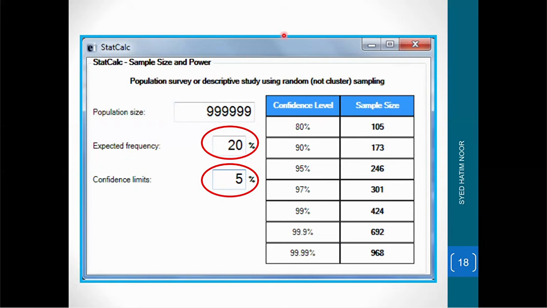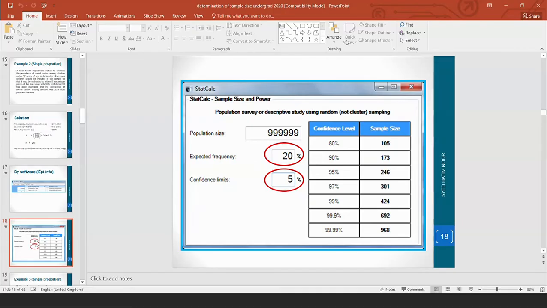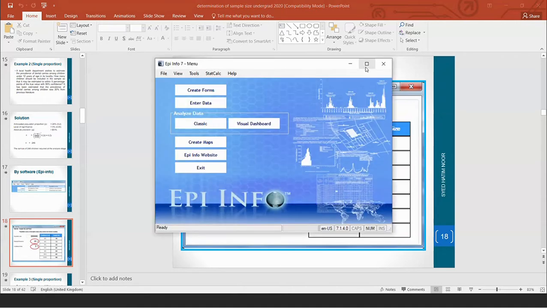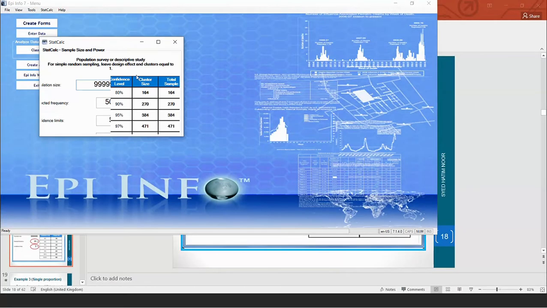Okay, let us try. I will open the EpiInfo. My EpiInfo is an older version. So StatCalc, sample size and power, population survey. Population size, don't bother. Expected frequency in the literature mentioned is 20%.